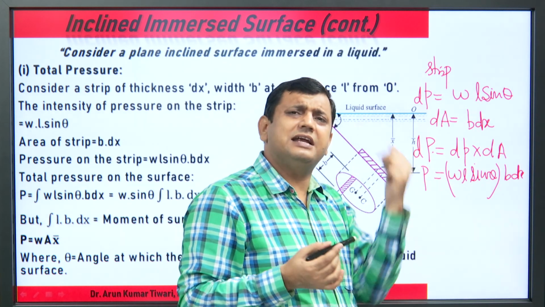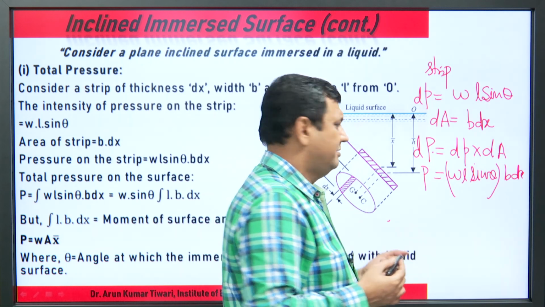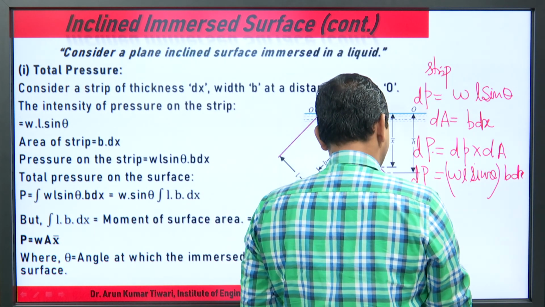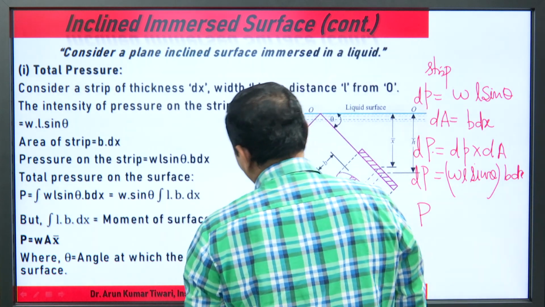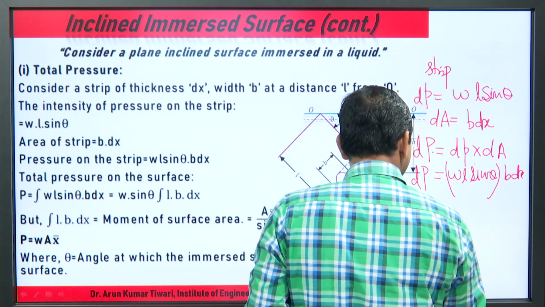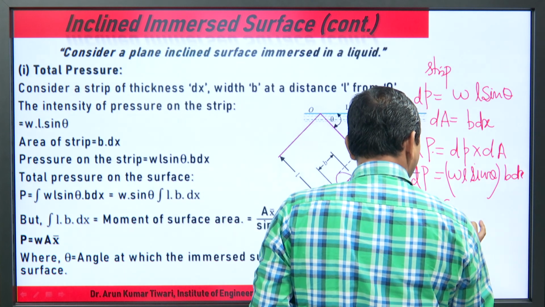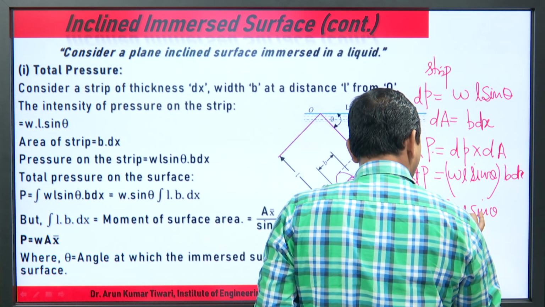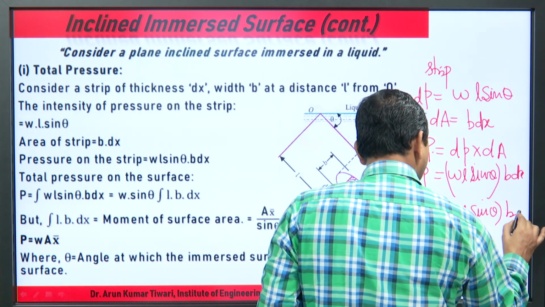For the total capital P, we integrate: P equals the integral of w L sin theta into B dx.